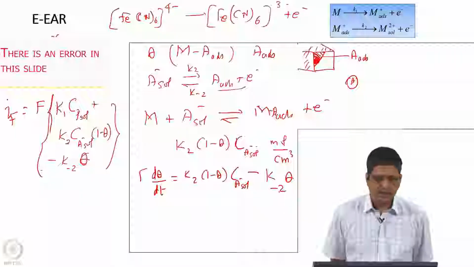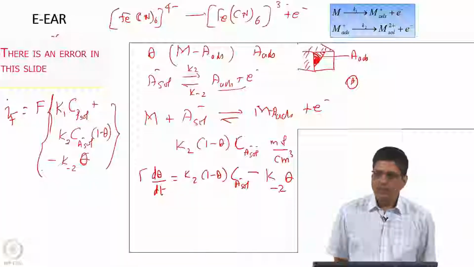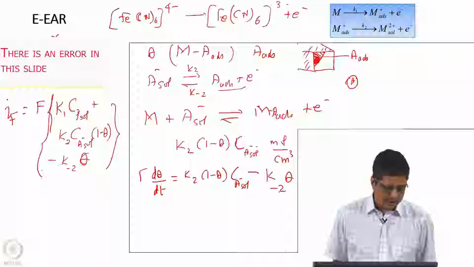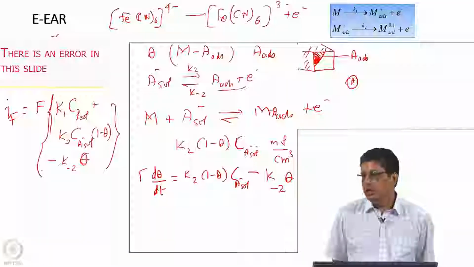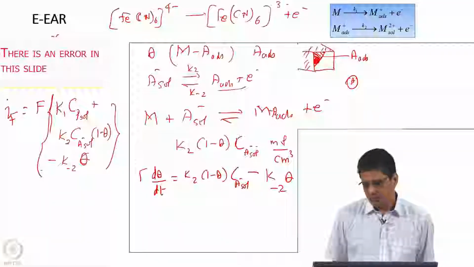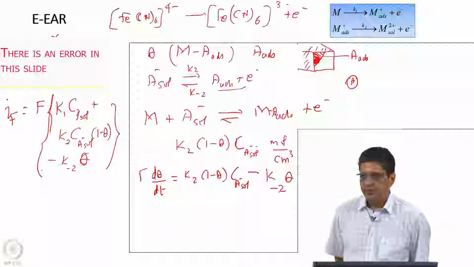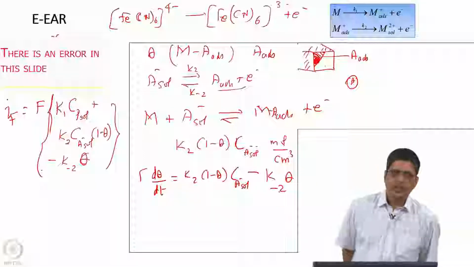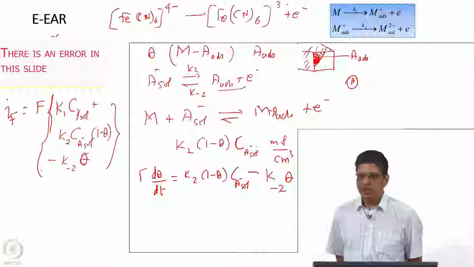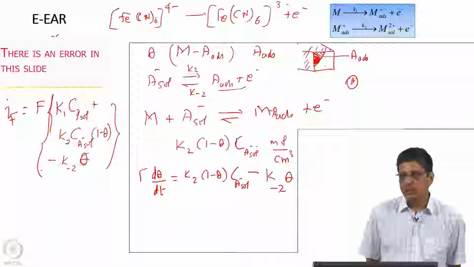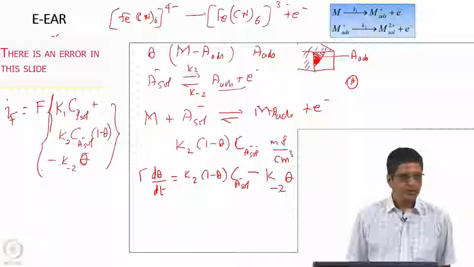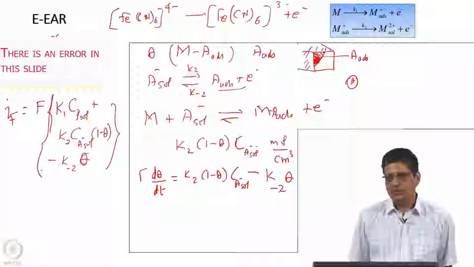It depends on the concentrations of P and A, which we assume to be fixed. It depends on theta. Theta will vary with potential. Therefore, the current in general will not be exponentially changing with potential. The rate constants, we still assume, change exponentially with potential.